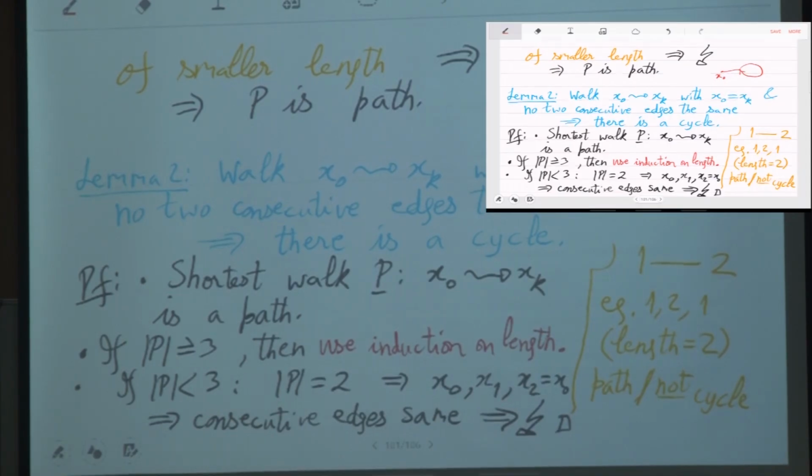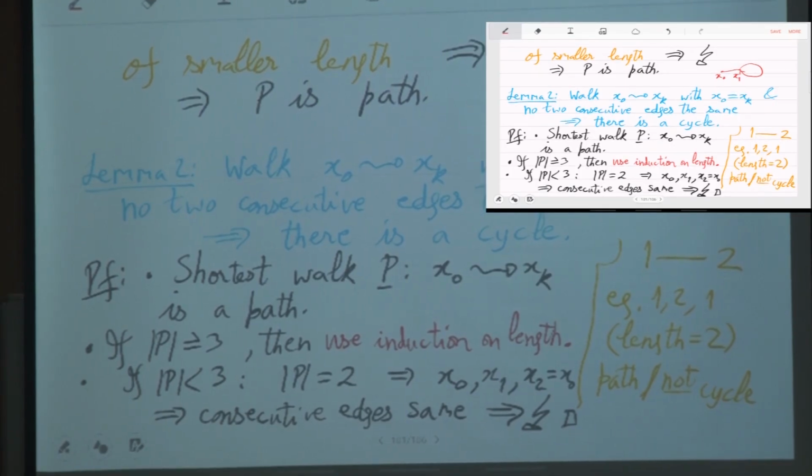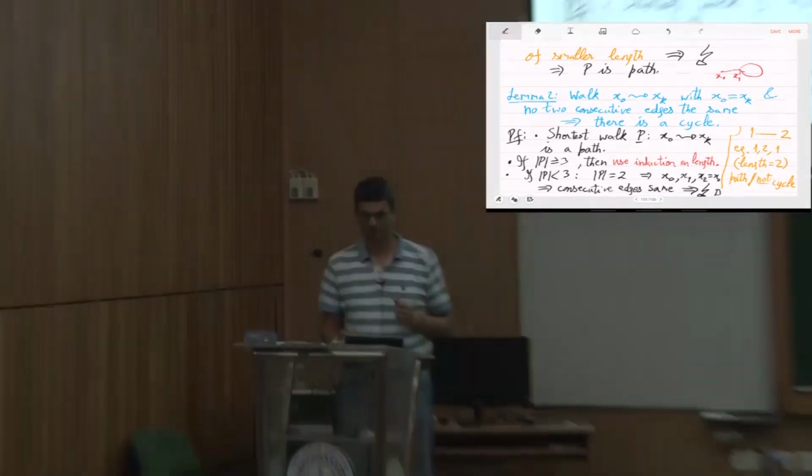Let's say at x1. So it's not that x0, x1 is appearing consecutively. You take x0, x1, you do the cycle, then you take x1, x0. Is that fine? That's the picture. So these weird examples can happen. That's why these graph proofs can be very tricky. You think you know everything, but there is always something missing when you write the proof.